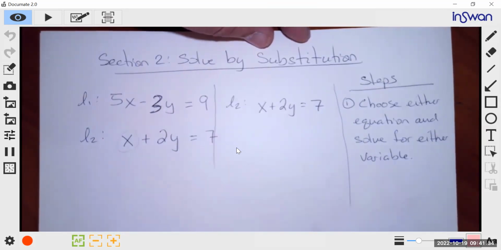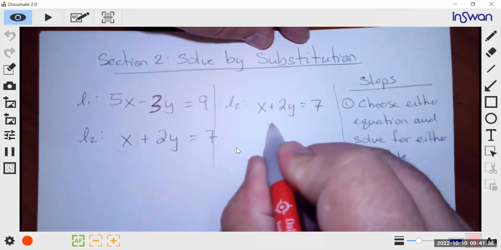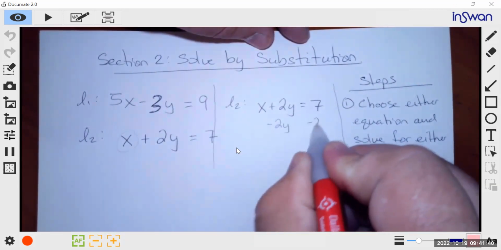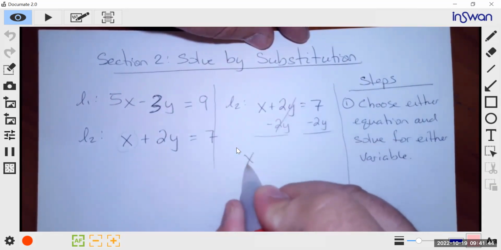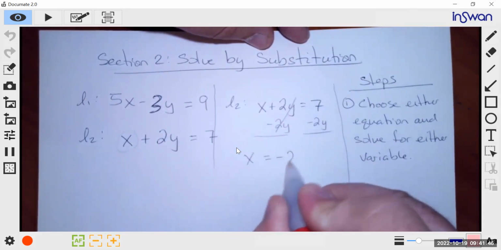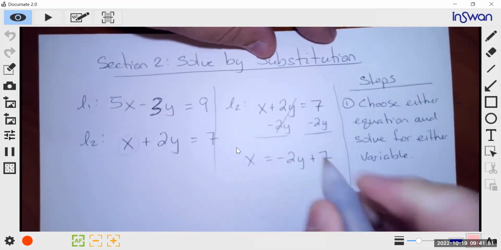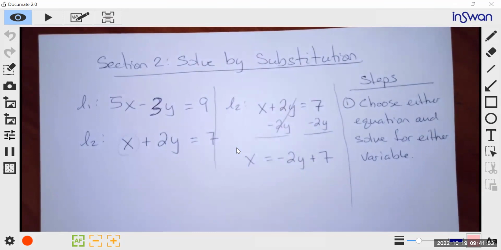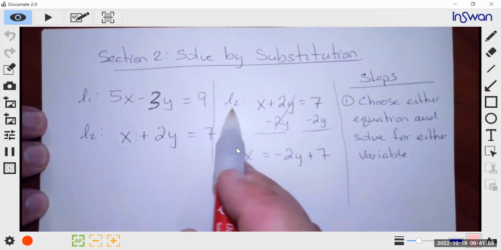We're going to solve for x because that's by itself. To solve for x, we have to get rid of 2y. x equals negative 2y plus 7. Remember, this is from line 2.